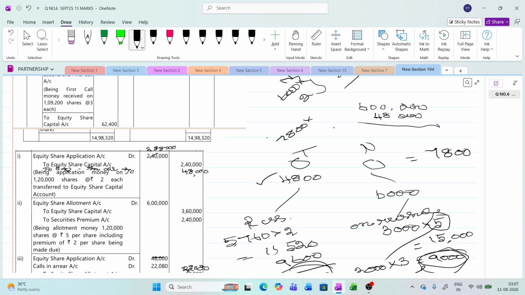So now we require 5 lakh 52,000. I'm writing here.